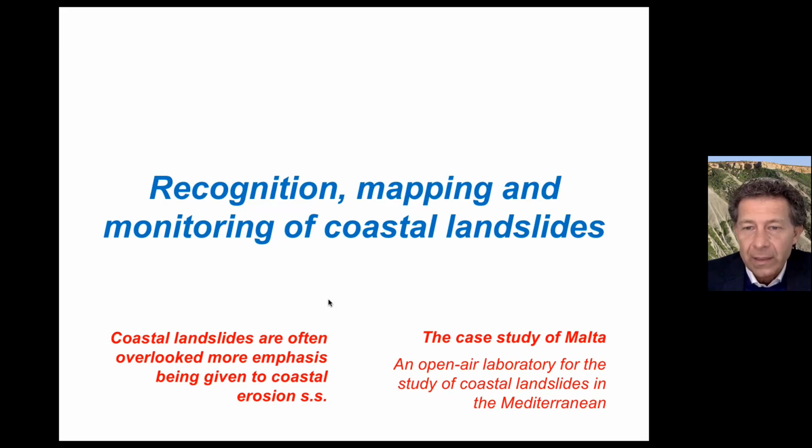So all the elements that can lead scientists, and particularly geomorphologists, to focus on the processes of landslides, including the type of landslide, the mechanisms of such landslides, and so on.